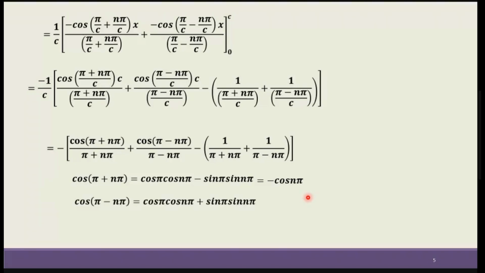Similarly, pi minus n pi will also become minus cos n pi, because the second term is 0. So now we can replace the numerators by minus cos n pi in the first two terms. Okay, so the minus sign is already taken. Now in the denominator you have pi plus n pi, pi minus n pi, and the numerator becomes minus cos n pi. Here the numerator of both these terms is minus cos n pi. Simplify.